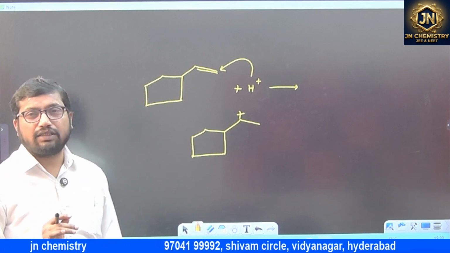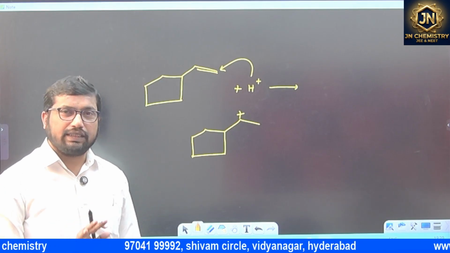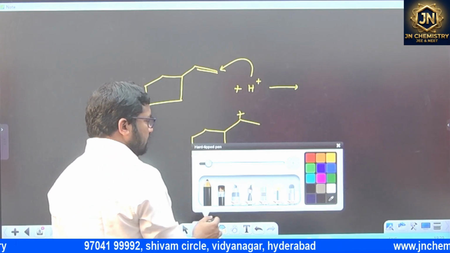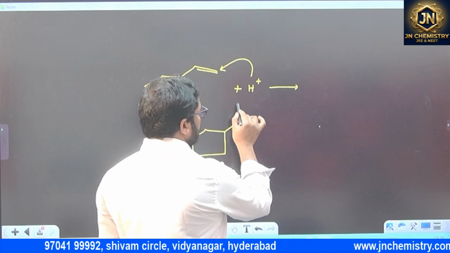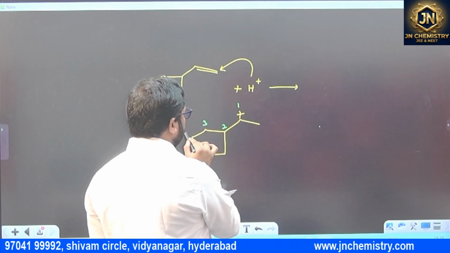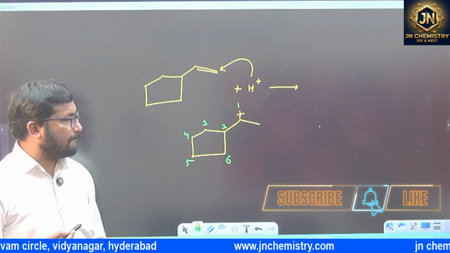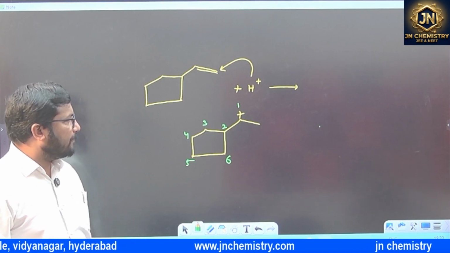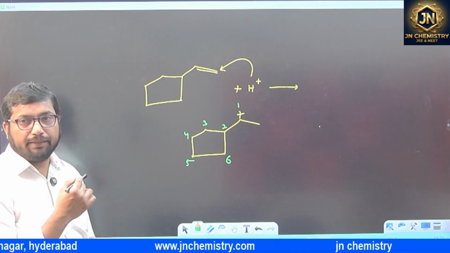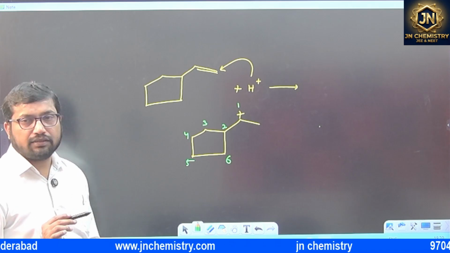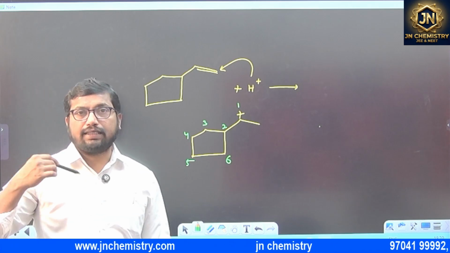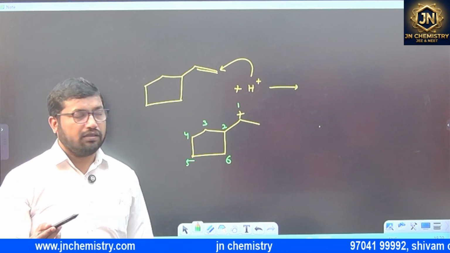A lot of people are confused about ring expansion, but it's easy. It's just a number game. Give the numbering 1, 2, 3, 4, 5, 6. So the 5-membered ring becomes a 6-membered ring.